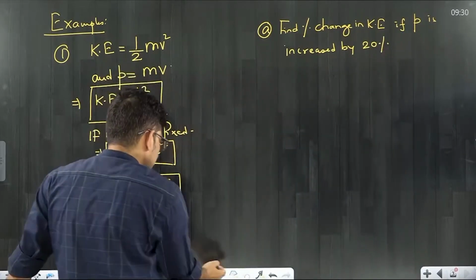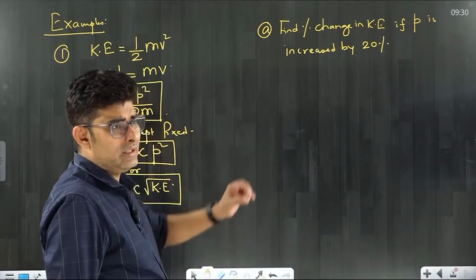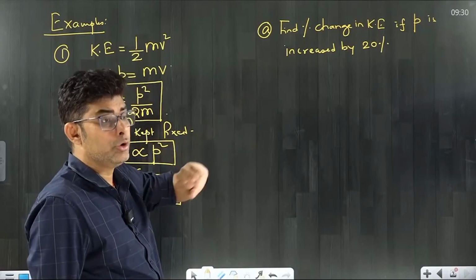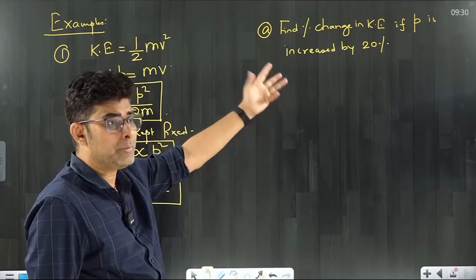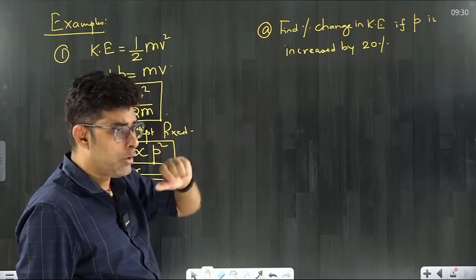If momentum gets increased by 20%, what is the percentage change in kinetic energy? Now, is this a small change? You cannot say it is a small change, 20% is a big change. So now how will you do this?